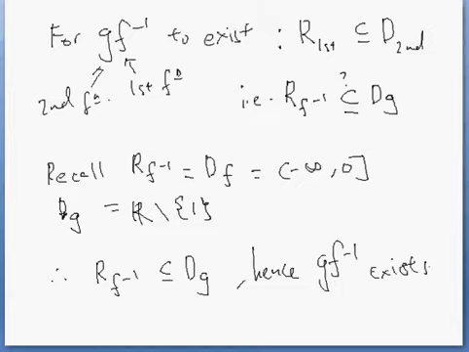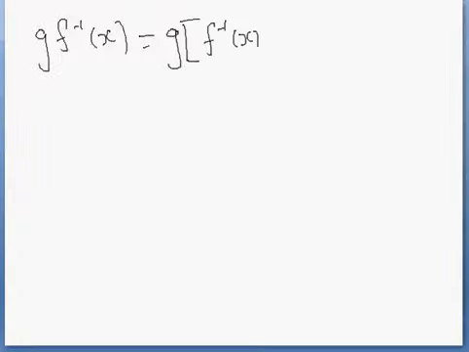Now the very last part we want to find is the range of gf inverse. Let us try to find the equation for gf inverse, which is the same as g of f inverse x, which is equals to 1 over the equation for f inverse, minus 1.